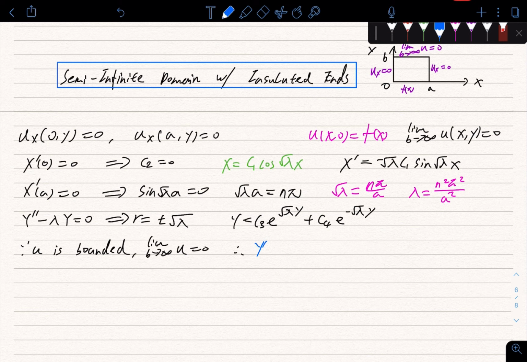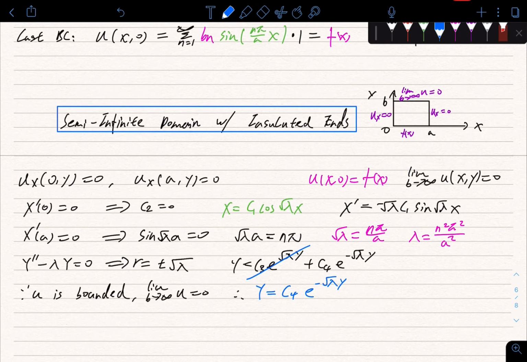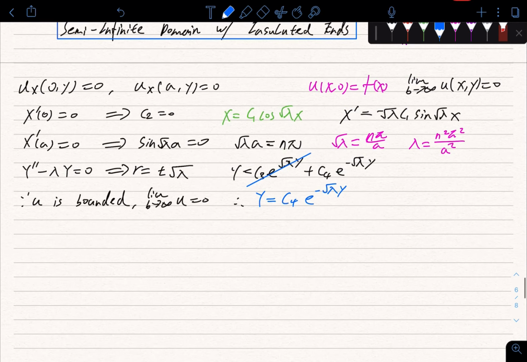y equals C4 e to the negative square root of lambda y. Let's just cross that out for better visual clarity.